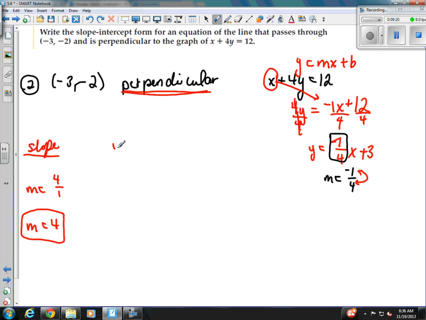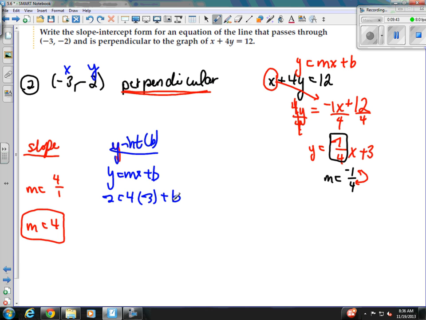Now let's find our y-intercept. Oh, let's grab blue for our y-intercept. And that's our variable b. And once again we have to go to our y equals mx plus b, and up to our ordered pair. So our y value in our ordered pair is negative 2 equals, we said our new slope was 4, times x is negative 3, plus b.